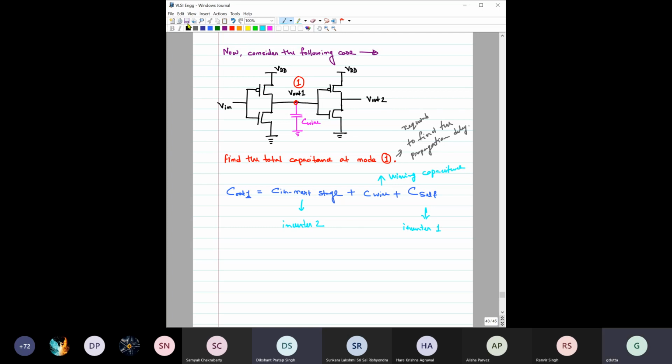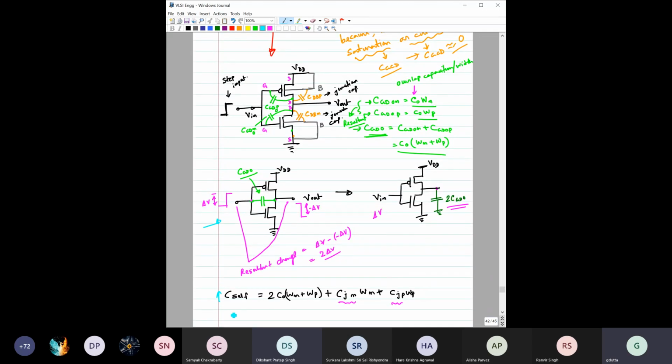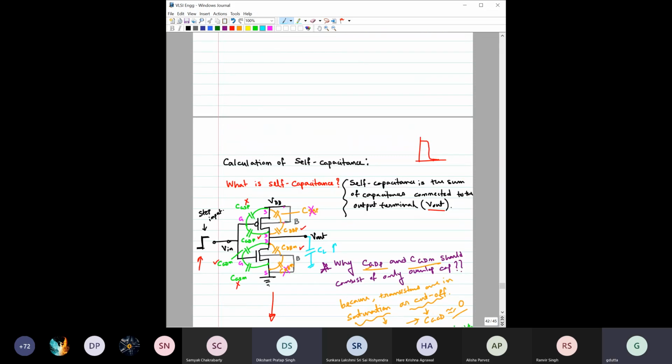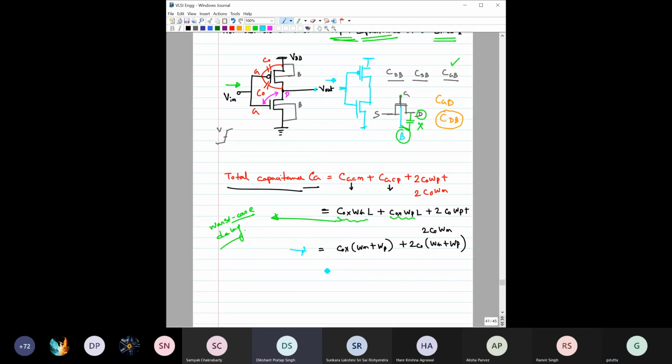And we have explicitly discussed what would be the value of C self for an inverter, and what would be the input capacitance of a CMOS inverter. So then what would be the total capacitance? The total capacitance would be equal to this. Let me copy it.